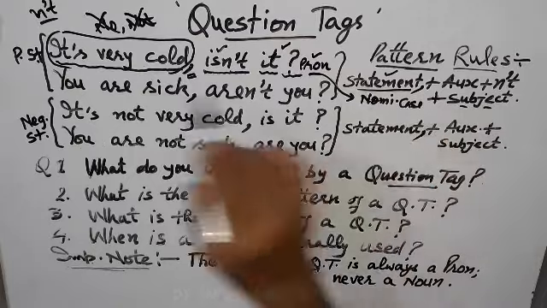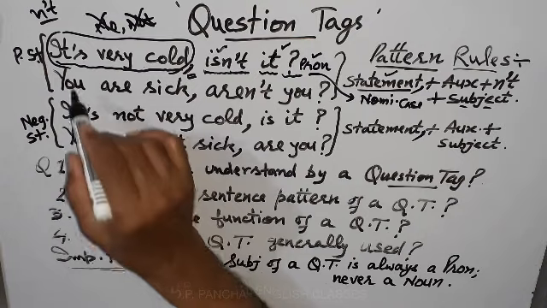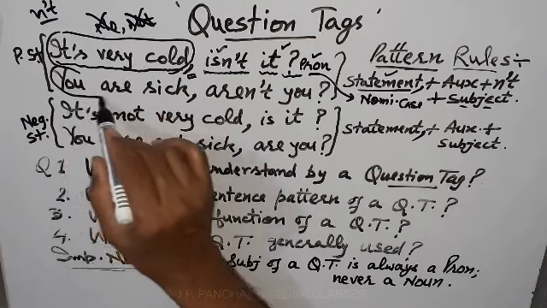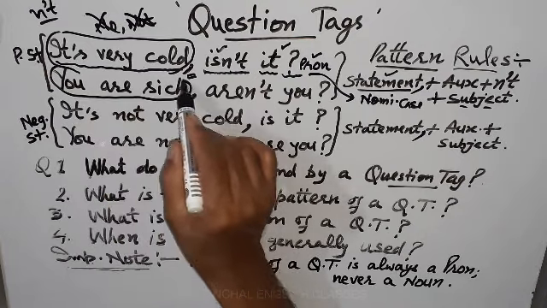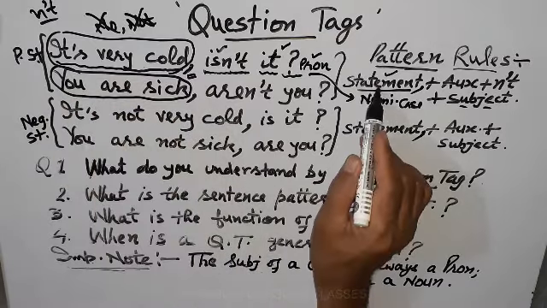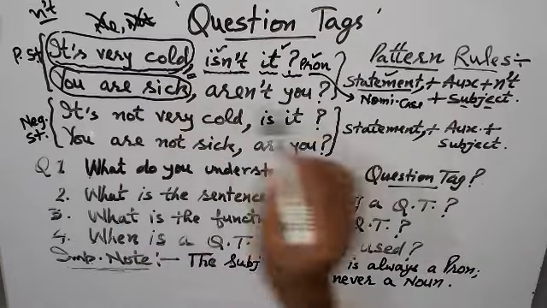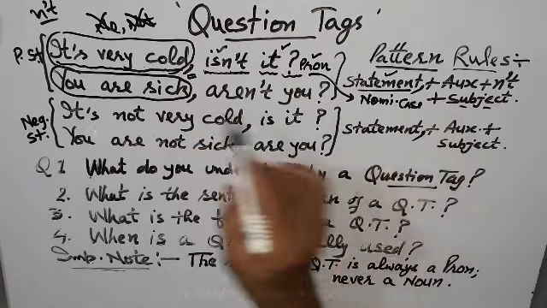Pattern rule. You see in the second sentence of this pair, again the same things. This is again a positive statement. There is no use of no or not. Statement bears a comma after it.